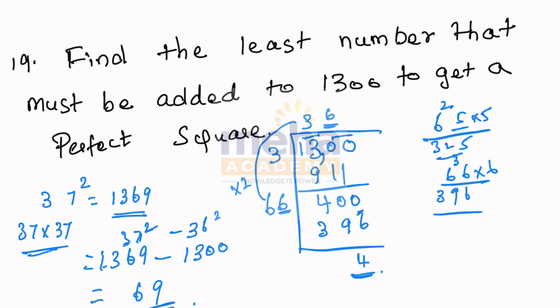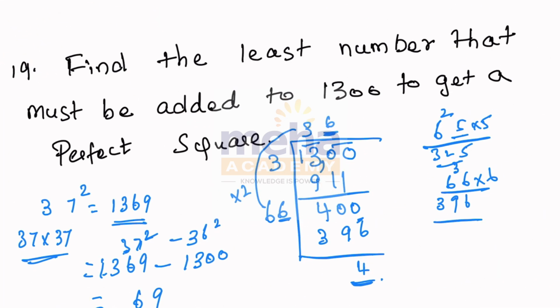How do we get it? Whatever is the quotient, we have to find the square. If 36 is the quotient, we find the square of the next number, 37, then we subtract and we get the answer.